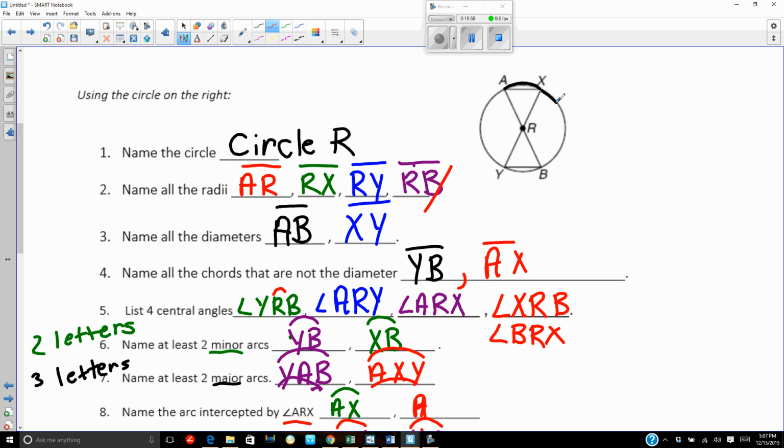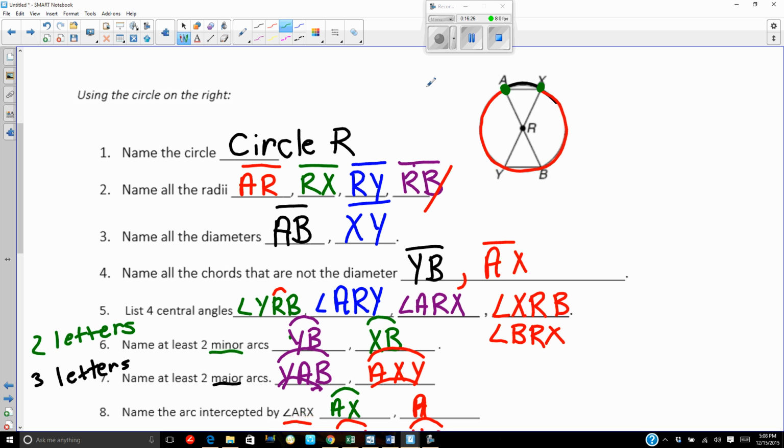Let me use a different color. It's everything else in that circle. So that's the major arc to the minor arc that's given. So name that red arc 2 different ways. Again, you need the beginning point, X, and the end point, A. Those can really be interchanged.